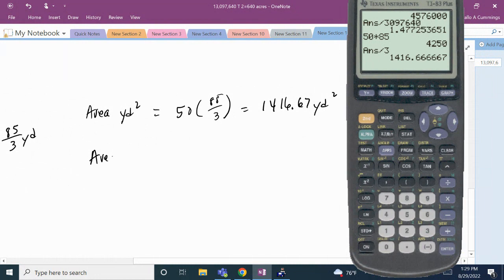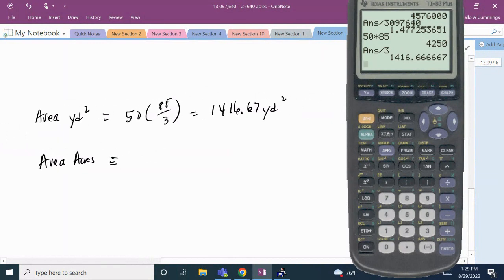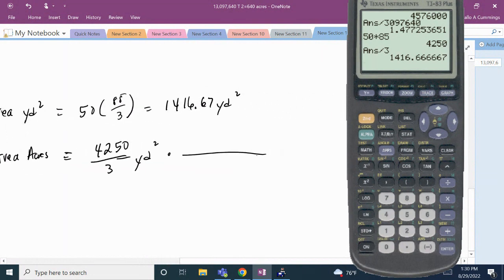Now we're going to find the area in acres. So I'm going to write this out as 4,250 divided by 3 square yards, times our unit fraction, putting square yards in the denominator and acres in the numerator.